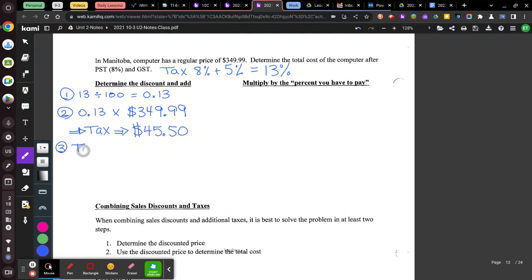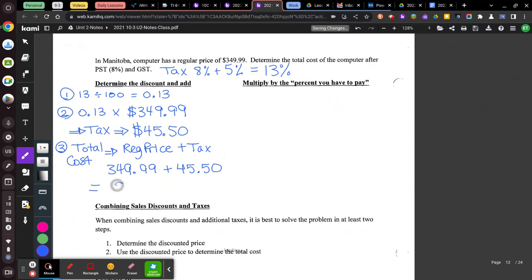Now I need the total cost. Well, that's going to be my regular price plus my tax. So I'm going to have $349.99, and I'm going to add $45.50. And that's going to give me a total cost of $395.49.